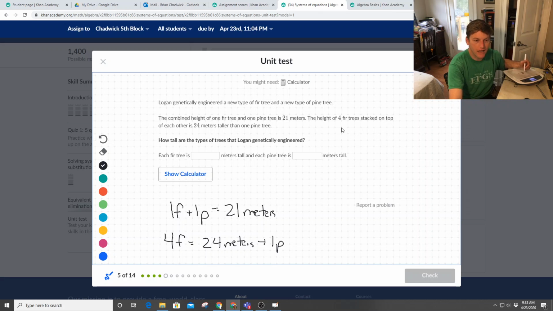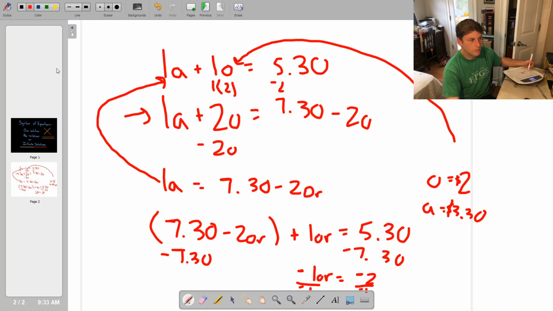The second one is the height of 4 fir trees, so 4 times 1 is 4F, stacked on top of each other is 24. So the height of these will equal one pine tree plus 24 meters. And we're trying to figure out how tall each fir tree is. I'm going to go back to my writing pad.